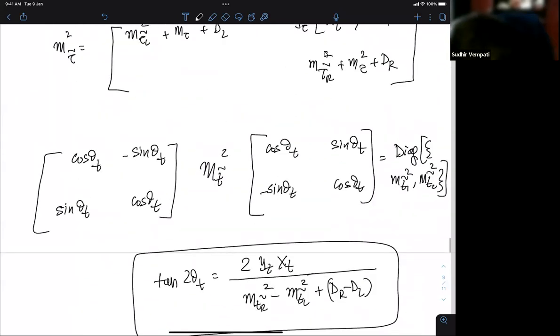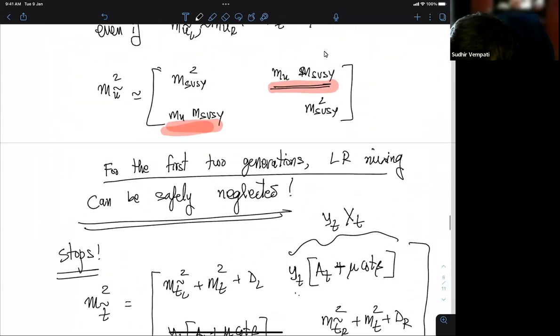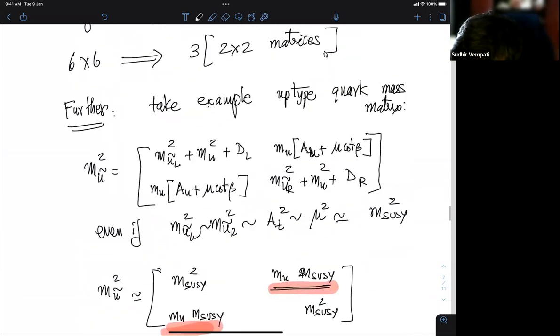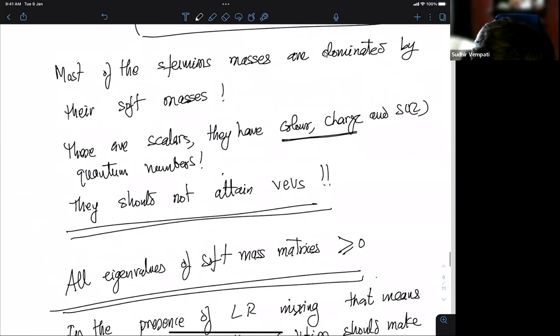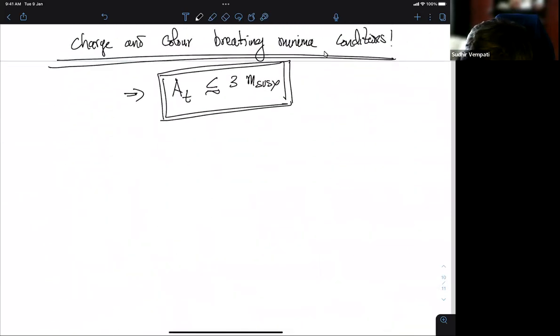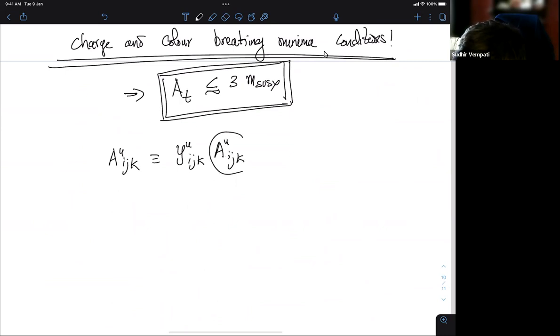Exactly. Because the assumption for the trilinear, I didn't go into details, is that they should be proportional to the Yukawa couplings. So it's slightly different compared to this one. So A^U_IJK should be equivalent to Y^U_IJK times A^U_IJK. So this A^U_IJK is also proportional to Y^U_IJK.